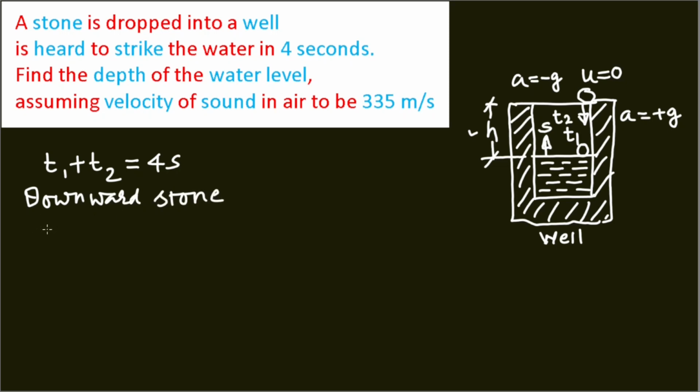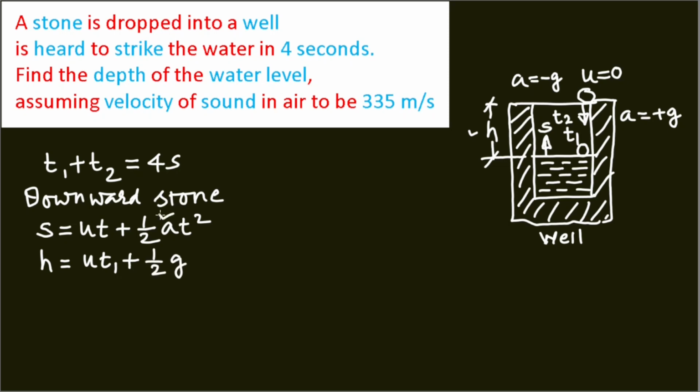So for the downward motion of the stone, we will use second kinematic equation, which is s equals ut plus half at square, which will be h equals ut1, which is the time required for the stone to cross distance h, plus half g.